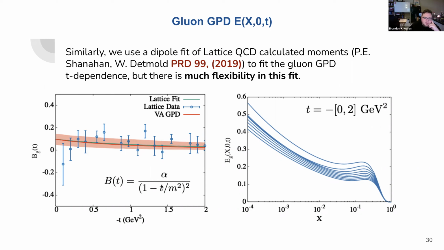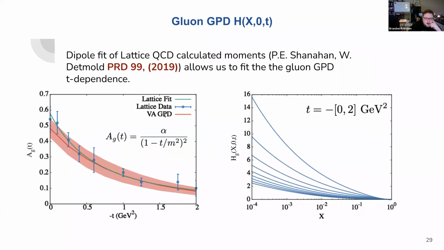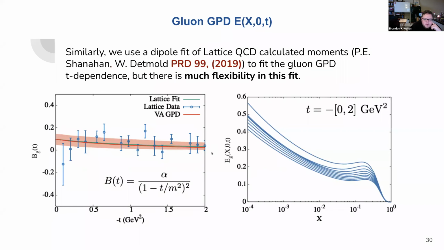So what we do is we fit the lattice data to this form, alpha over 1 minus t over m squared. They determine the parameters alpha and m from here. And then we do a similar thing for this form factor. Once we fit that data, we then fit our GPD to that fit, for instance. Good.